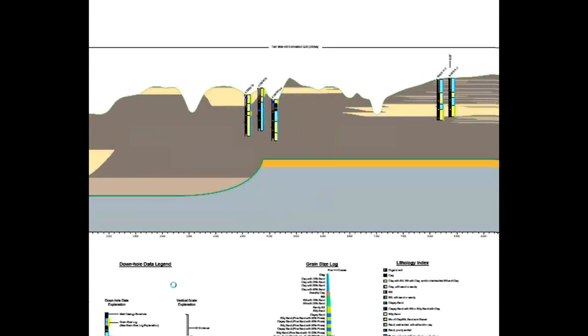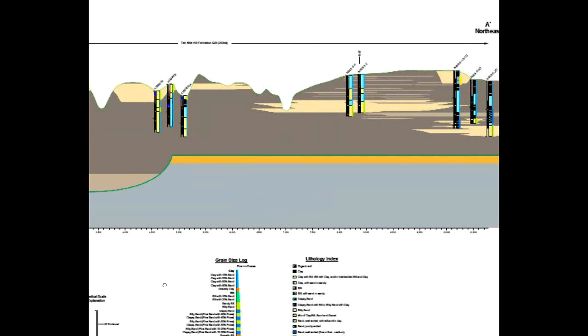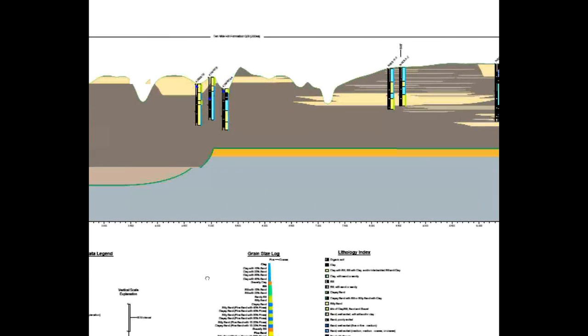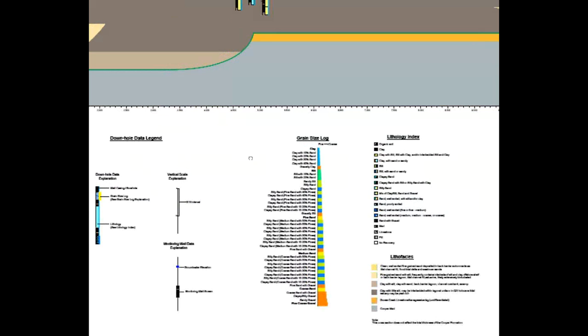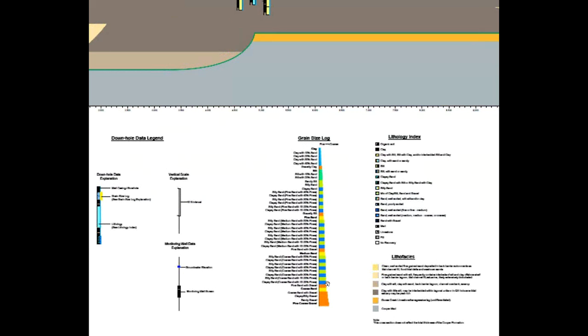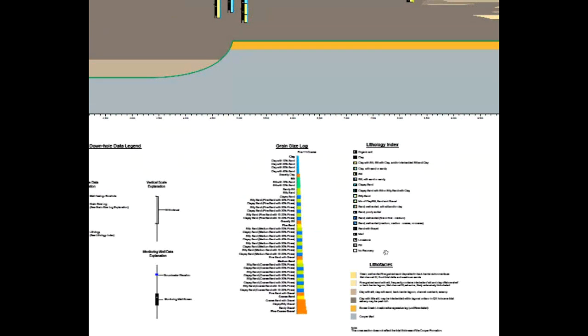They don't really stand out too much on this one, but they let you visually see the depositional packages a little bit. If you have a fining upward sequence or coarsening upward sequence, you can see that here if you've got some good logs. We also include the lithology.